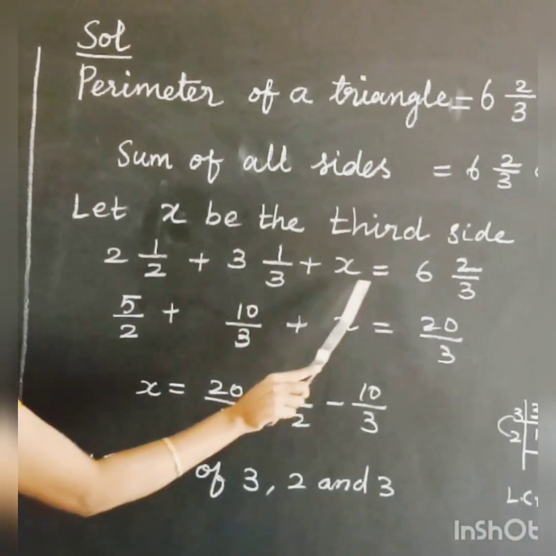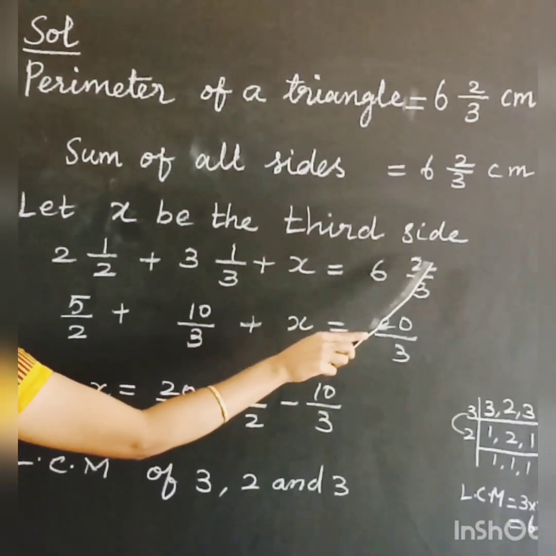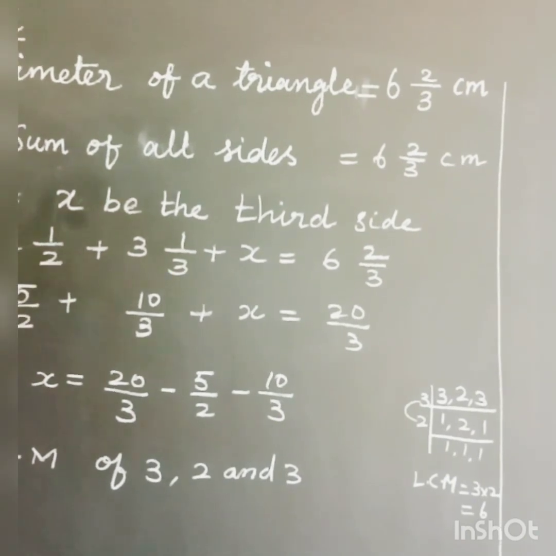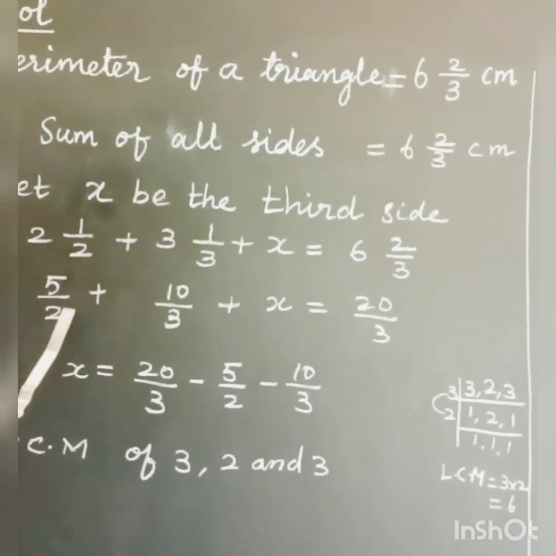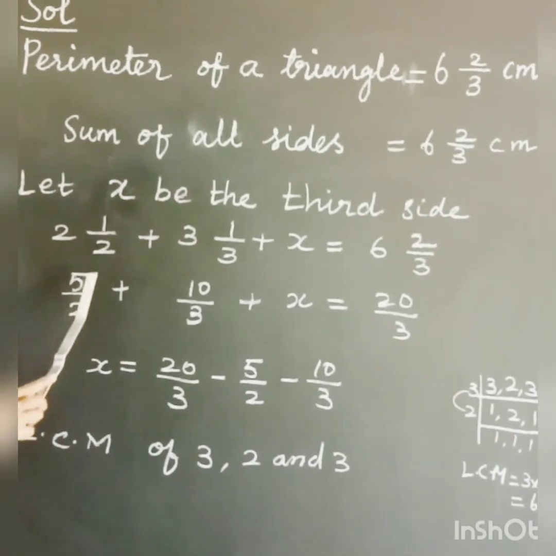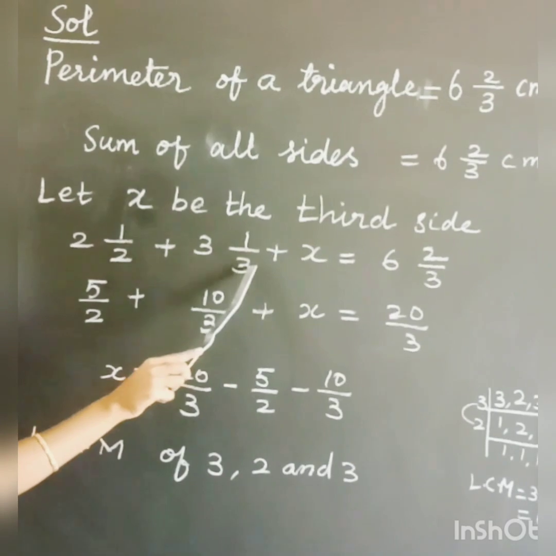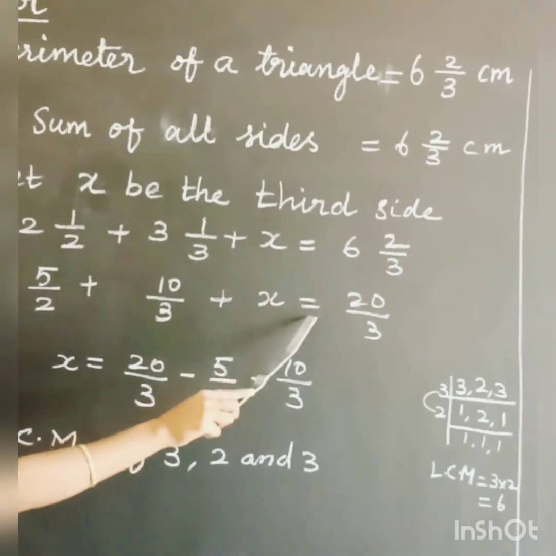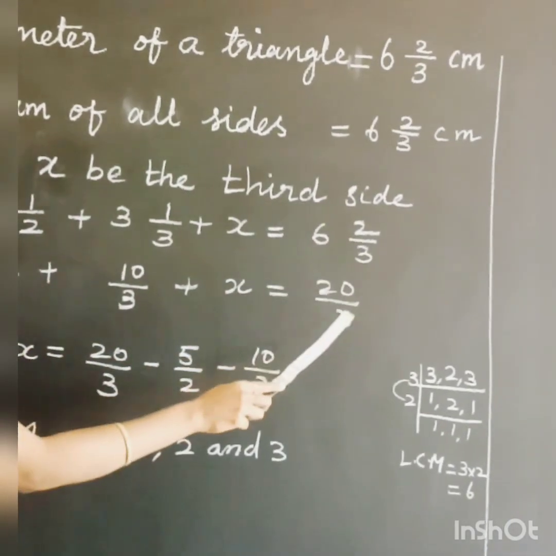Sum of 3 sides, which is equal to your perimeter answer, 6 2/3. See, these are all mixed fractions; we converted them into improper fractions in the previous step, isn't it? We apply the values here. 2 1/2 is 5 divided by 2, plus 3 1/3 is 10 divided by 3, and the third side x equals 20 divided by 3. That is your mixed fraction answer.